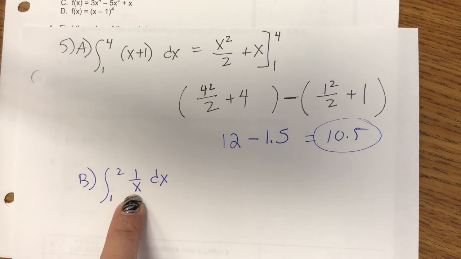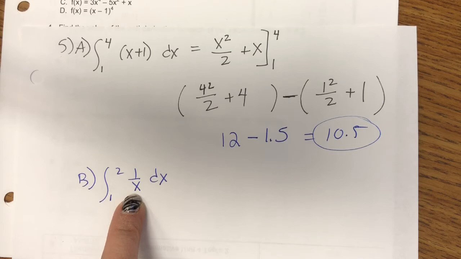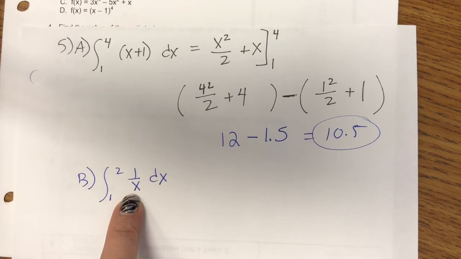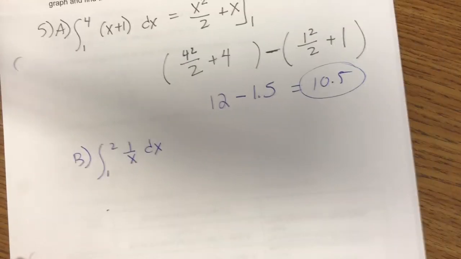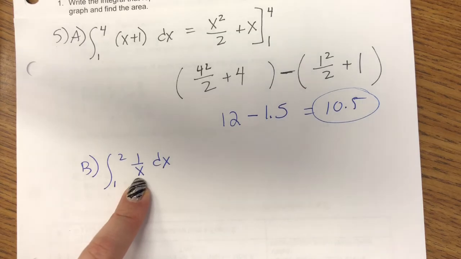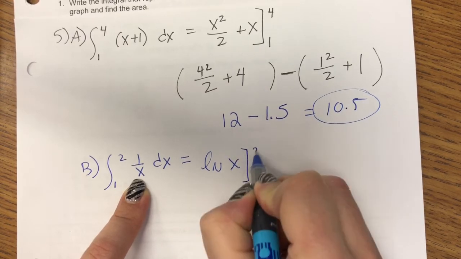Now, 1 over x is special because you can't do the add 1 to the exponent, you would just get 0. So if you look at your formula sheet, or you have to remember, what did we take the derivative of to get 1 over x? And that was ln x.